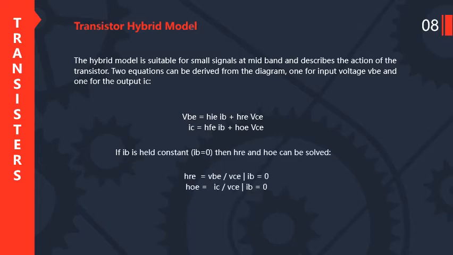If IB is held constant, meaning IB is equal to 0, then HRE and HOE can be solved. So HRE is equal to VBE divided by VCE, where IB is equal to 0, and HOE is equal to IC by VCE, where IB is equal to 0.